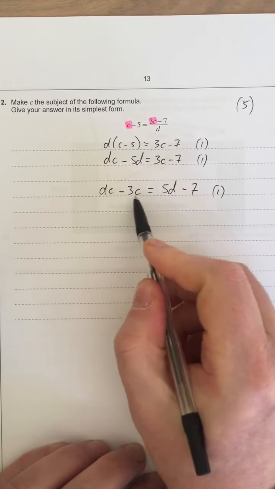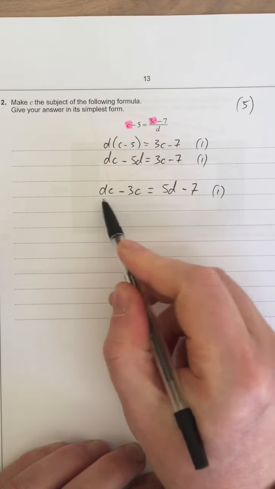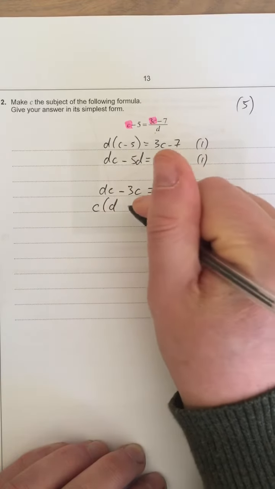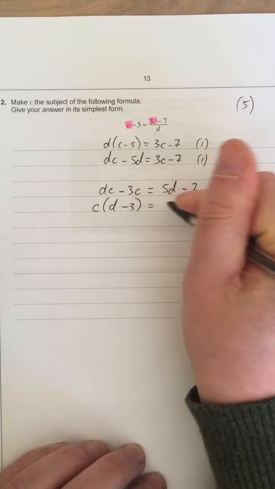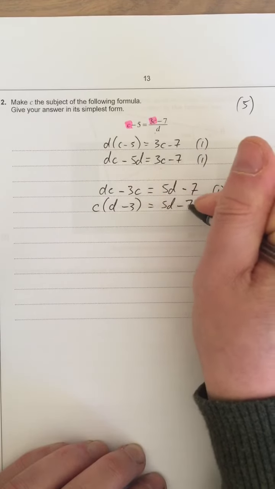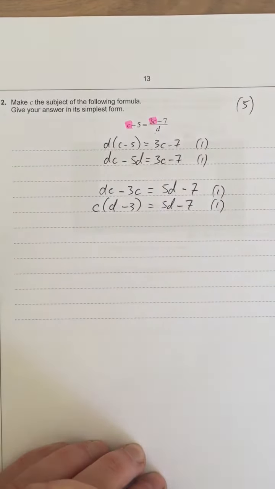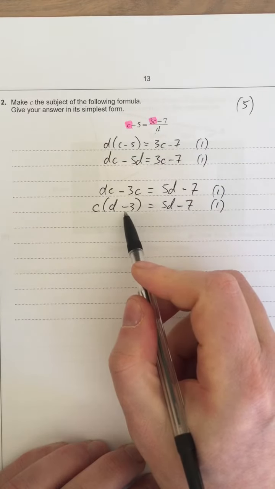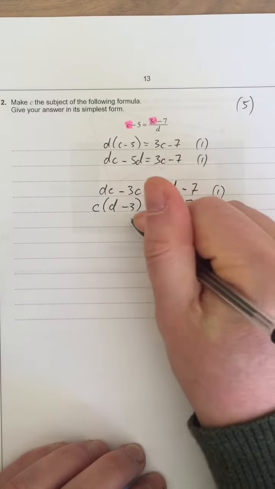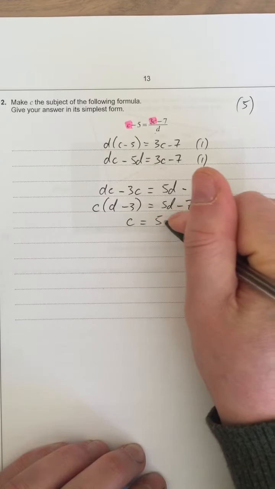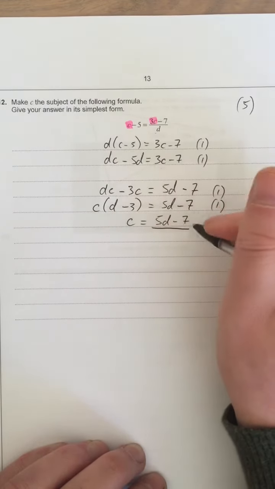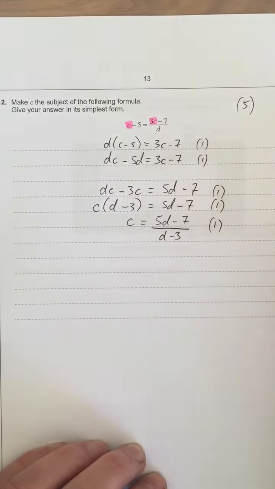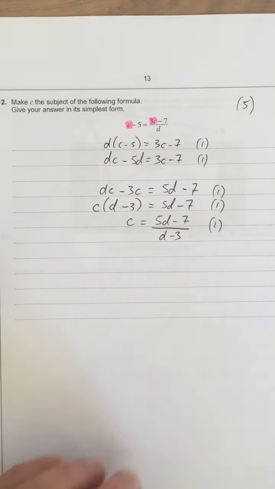So as we've got 2 terms with C in, we can take it out as a common factor, C, open brackets, D minus 3 equals 5D minus 7. There's your 4th mark. And then, because obviously C is multiplying this bracket, we can divide through by this bracket, so we get C equals 5D minus 7, all divided by D minus 3. And that is your 5th mark.